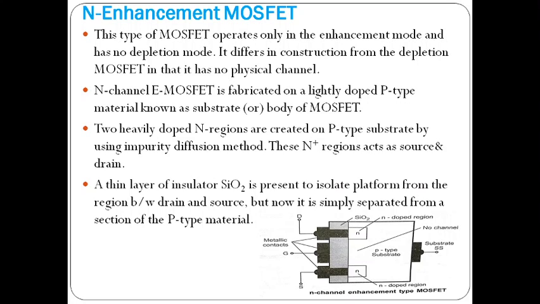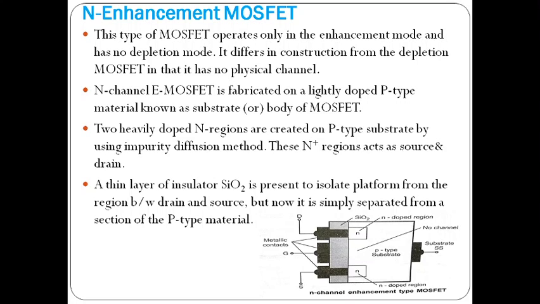It acts as a channel. Coming to the enhancement MOSFET, we don't have any physical channel. So this is the only difference between the depletion and enhancement MOSFETs. Enhancement MOSFETs are also of two types: n-channel enhancement MOSFET and p-channel enhancement MOSFET.